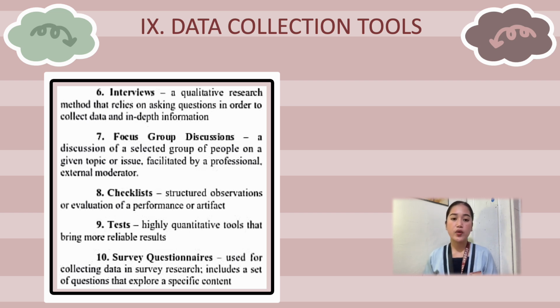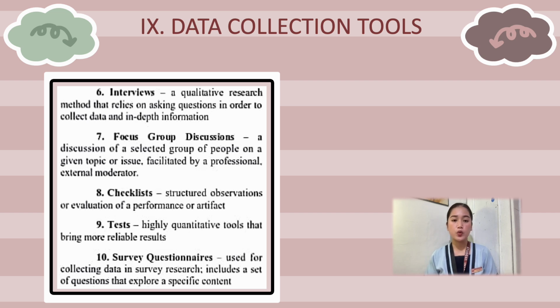So next is the checklist, structured observations or evaluation of a performance or artifacts. It helps to ensure that all important aspects are considered and provides a consistent way to assess something. So number nine is the test.